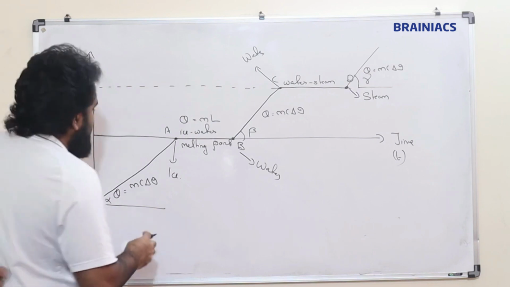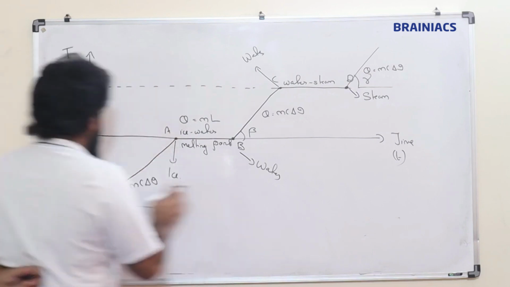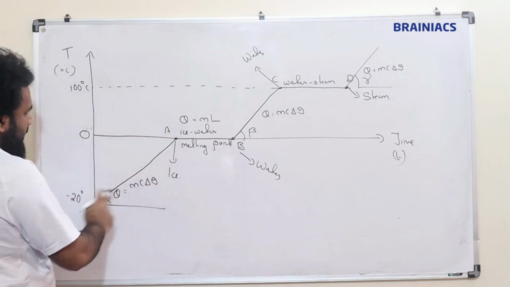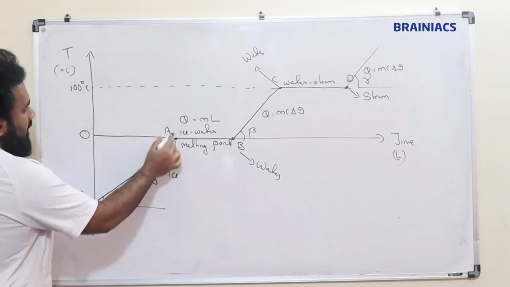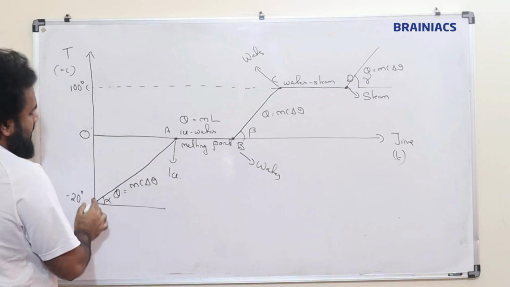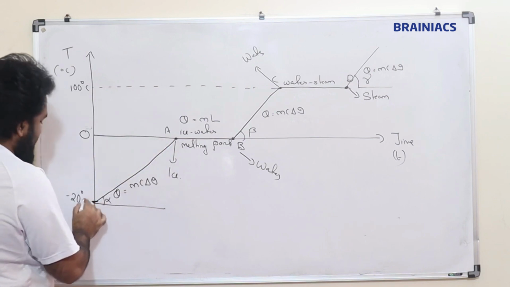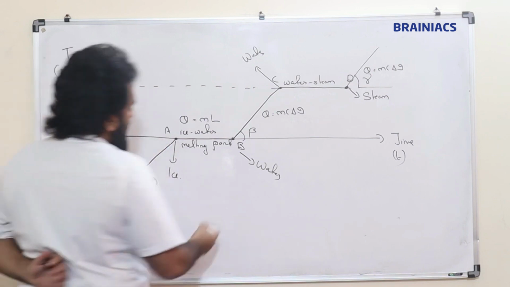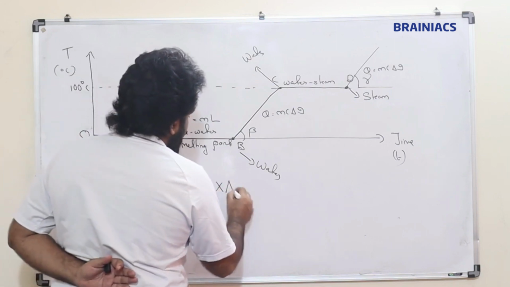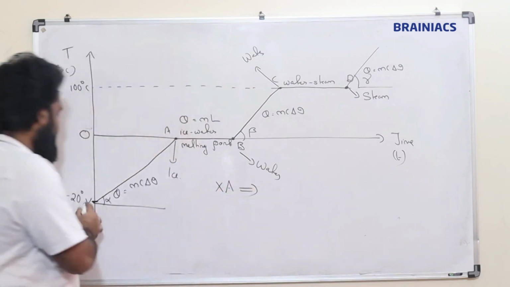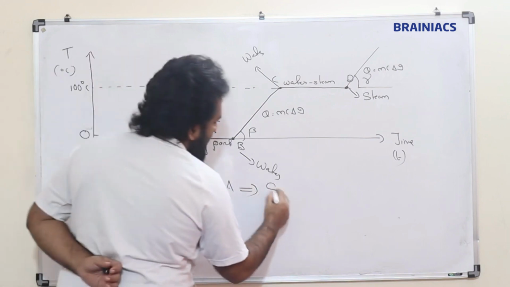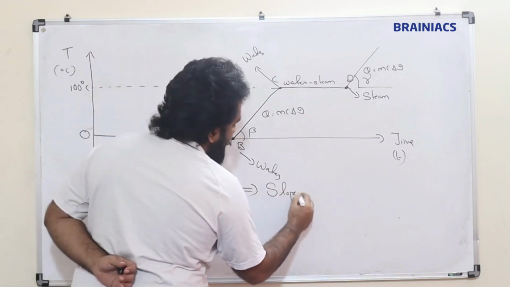Now what is the slope here? Suppose we consider this point, let us put x or something. Between x and a, this is the slope.